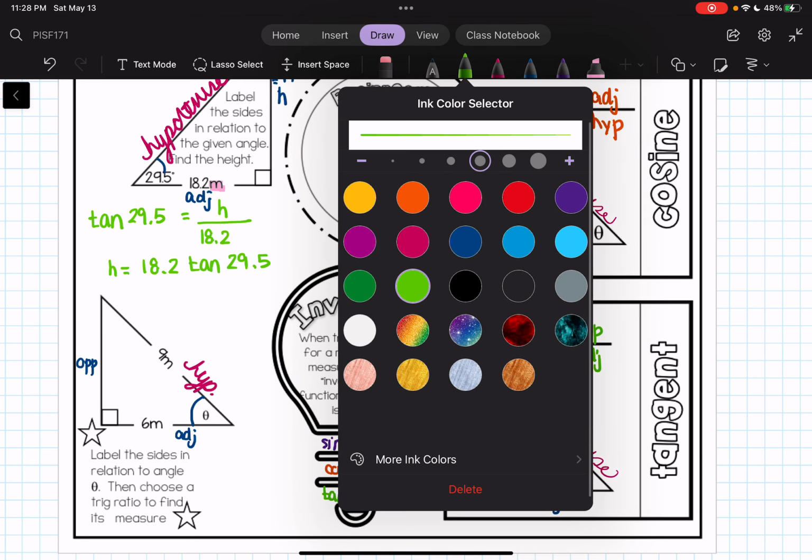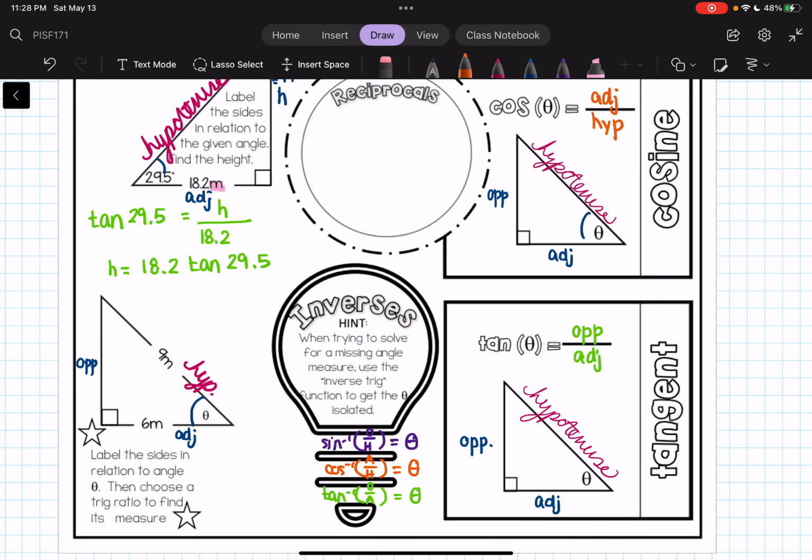So the trig ratio that uses these is cosine. So I'm going to say cos of theta is equal to the adjacent, which is 6, over the hypotenuse, which is 9. So in order to solve for theta, theta is inverse cos of 6 over 9.